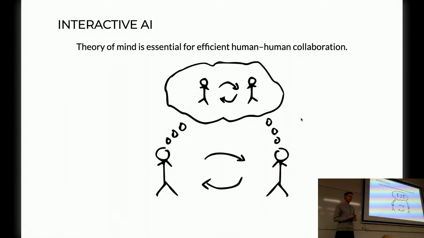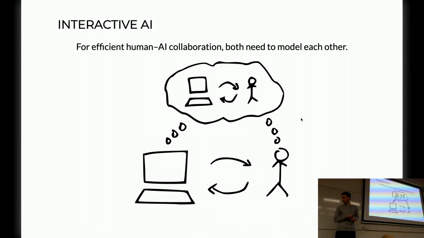And that's very useful for collaboration because we can anticipate what the others will do and predict their behavior, and also trust that they have similar values and similar knowledge to us. So the communication between people doesn't need to be super explicit, but we can just know what we are talking about from our shared background. And well, it would be nice to have something similar for human-AI collaboration.